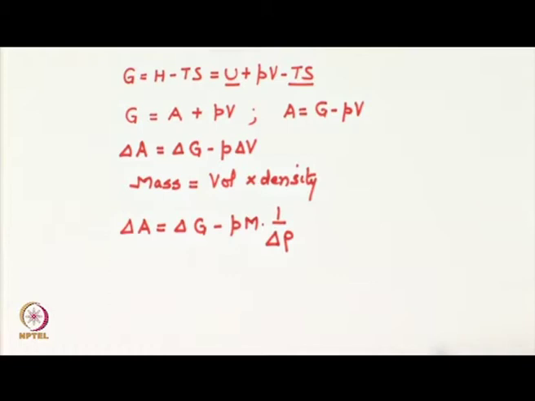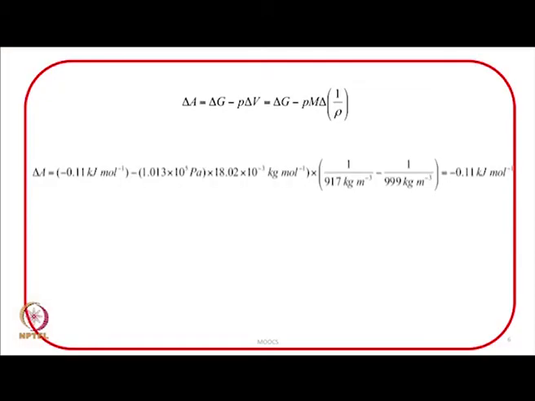We are talking about freezing. So, therefore, what we will do is we will substitute for the values. Liquid to solid, that is what we are talking about, and therefore, the delta density has to be 1 over density of solid minus 1 over density of liquid, and minus 0.11 kilojoules per mole is the value of delta G.